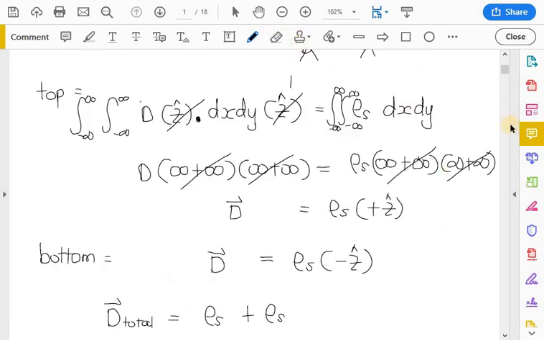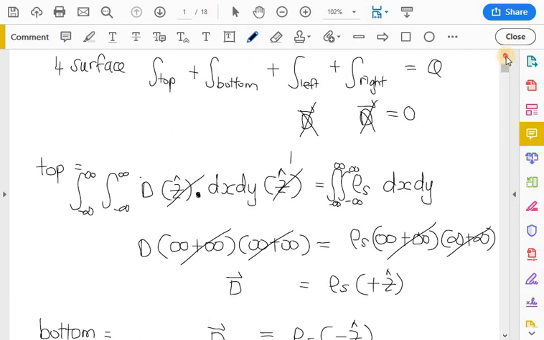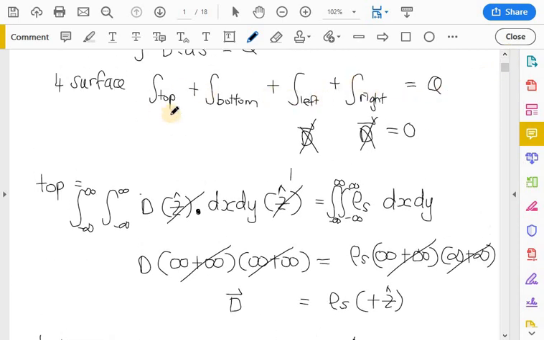Looking at this part, it means that I have to add the surface integral from the top and also the bottom together, and only then is it equivalent to the Q, right? So I cannot do it in this way.